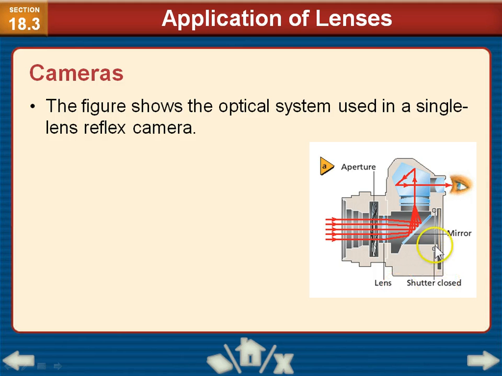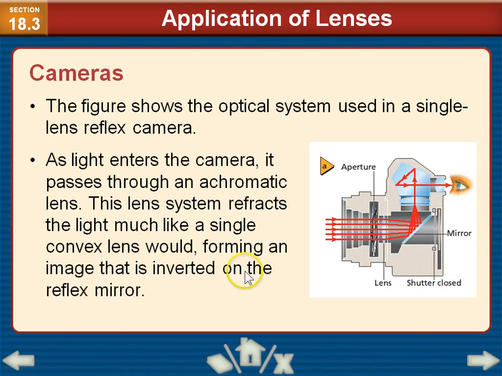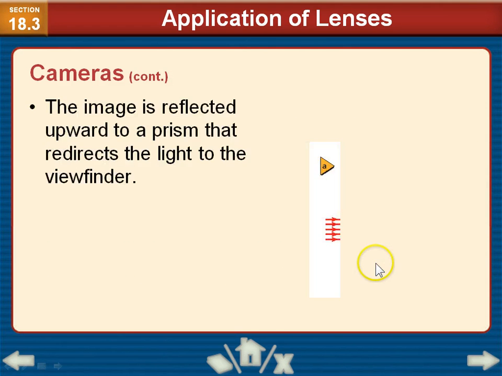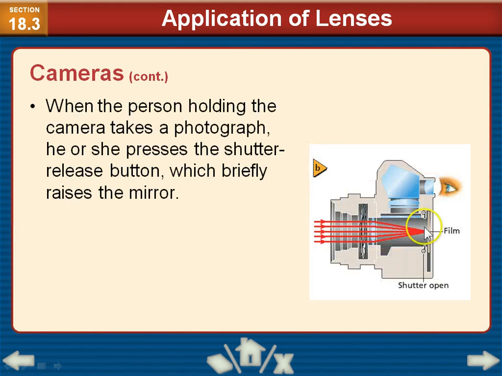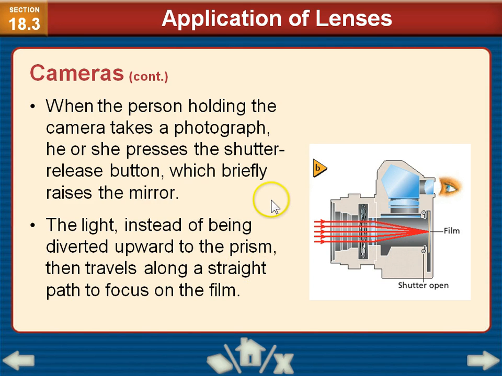When you release the shutter, the mirror moves up out of the way, and the back of the camera is exposed, whether that's the old-fashioned film or a new set of light sensors, which causes the image. That's basically how that happens, and then the shutter will fall back into place.